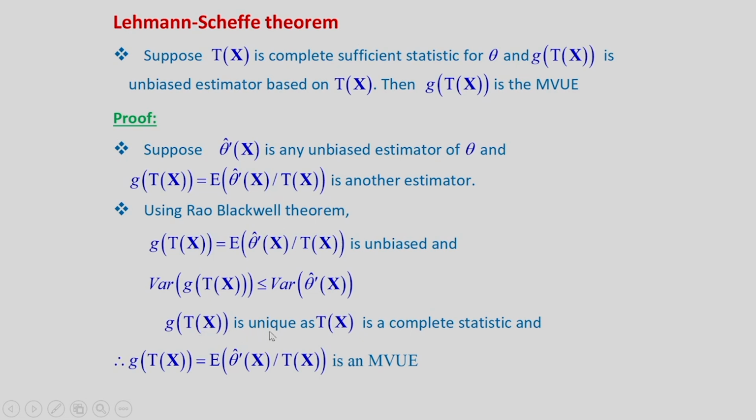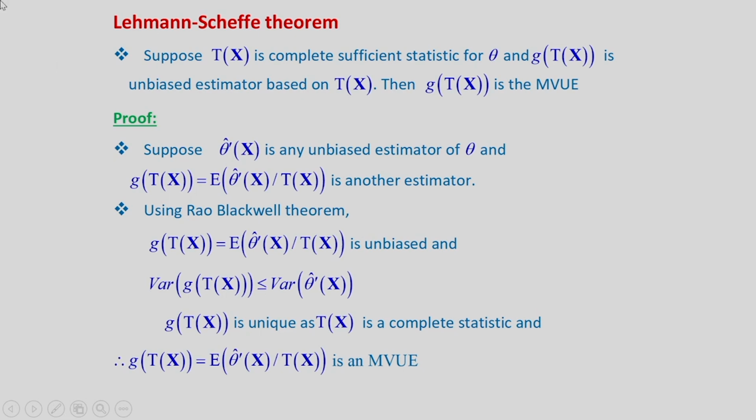Therefore, g(T(x)) is unique and its variance is less than the variance of any other estimator theta dash hat(x). So, g(T(x)) equal to E of theta dash hat(x) given T(x) is an MVUE, because it is unbiased and unique and its variance is less than or equal to that of any other unbiased estimator. Therefore, this will be the MVUE.